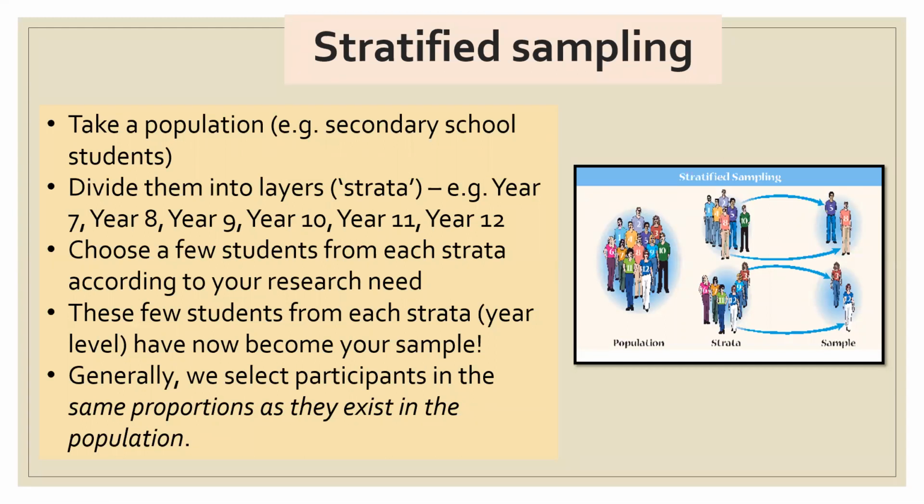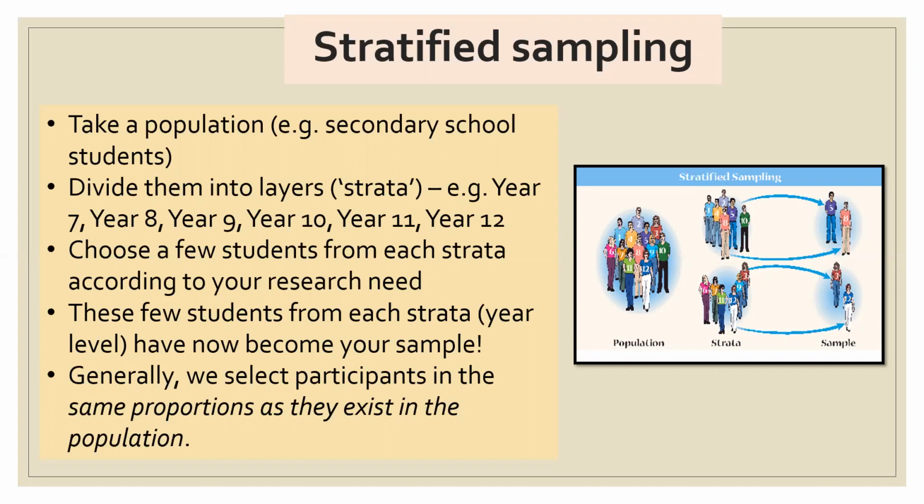So if I'm doing a study on the impact of caffeine consumption on mathematical performance or mathematical ability, I might choose the best math students from year 7, the best math students from year 8, the best math students from year 9 up to year 12, okay?